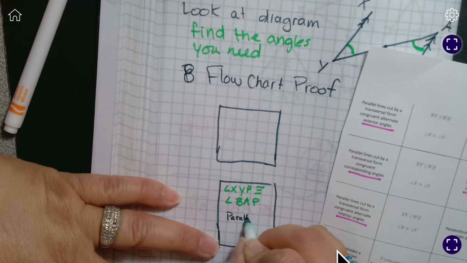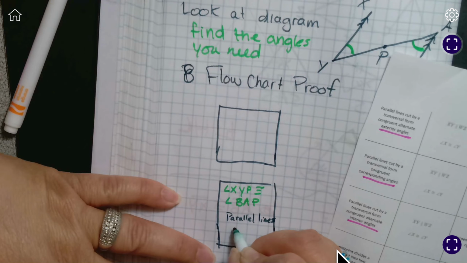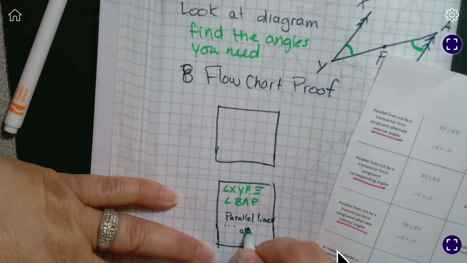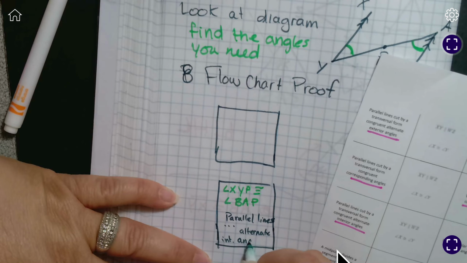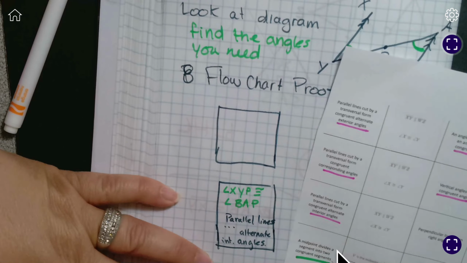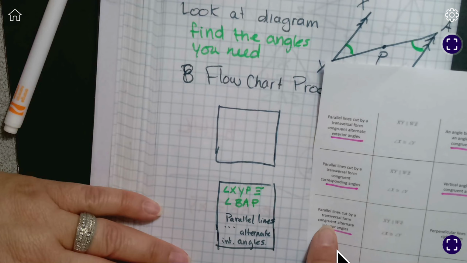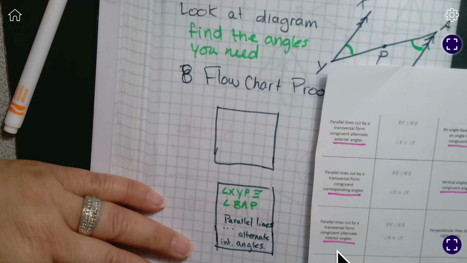So parallel lines, dot, dot, dot, alternate interior angles. Okay? So you guys know what I'm talking about? It's this whole thing here. Is that okay? Okay.